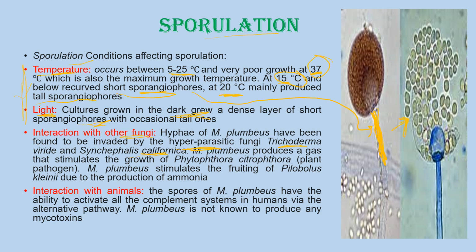However, Mucor can also badly affect humans and animals by increasing the immune response, especially when the complement system of our immunity is activated, leading to several types of inflammatory response.